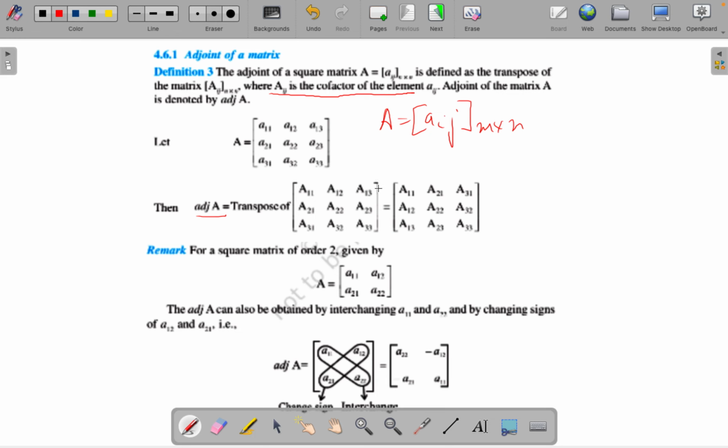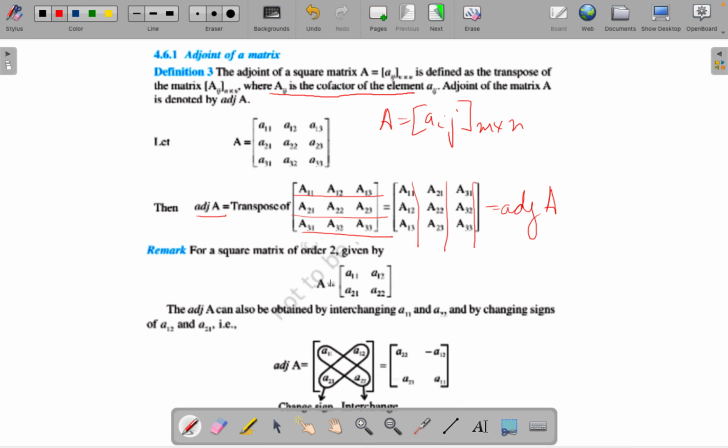Transpose means you write the cofactors of the first row in the first column, the cofactors of the second row in the second column, and the cofactors of the third row in the third column. This is what is known as the adjoint. The symbol is ADJ of capital A.